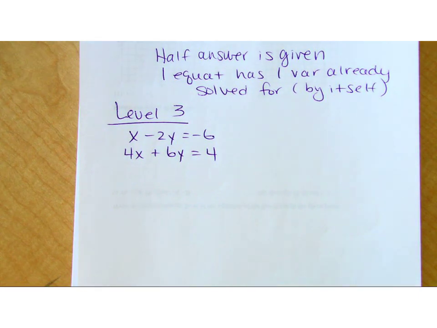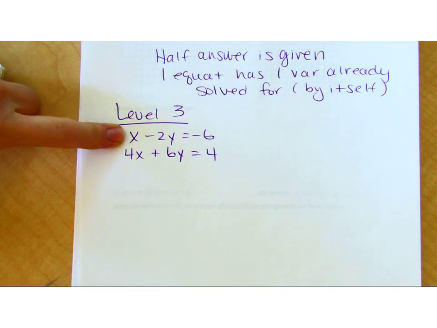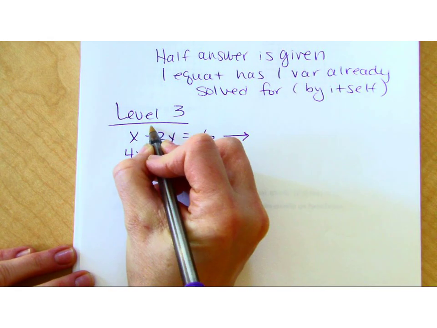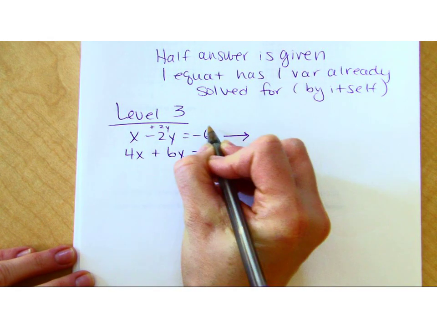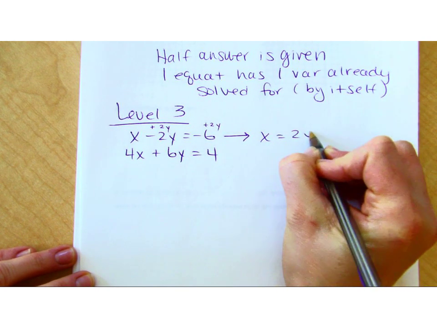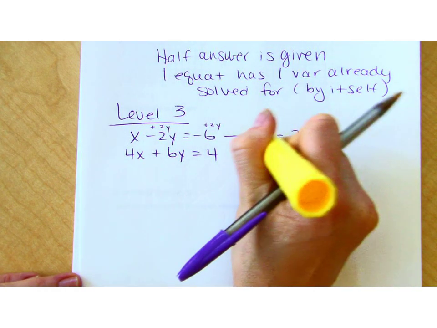And when I solve this equation for x, all I do is add 2y to both sides and I am ready to go. Do you understand? So if I take this 2y and add it to both sides, I then have x is equal to 2y minus 6, and now I am highlighter ready. Do you understand?